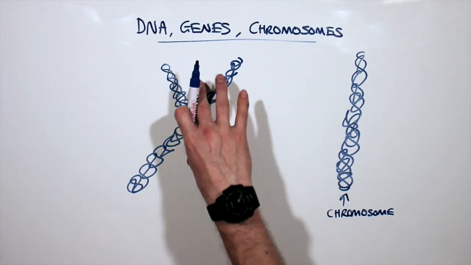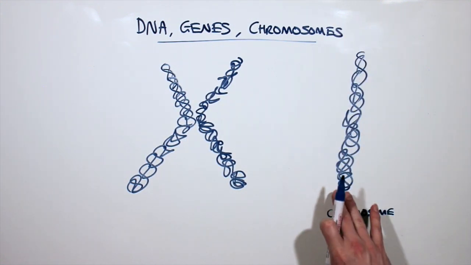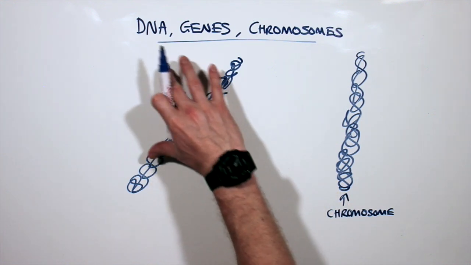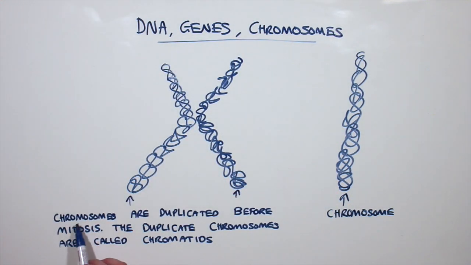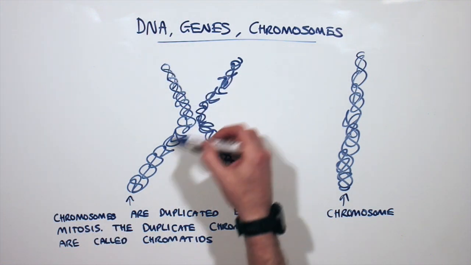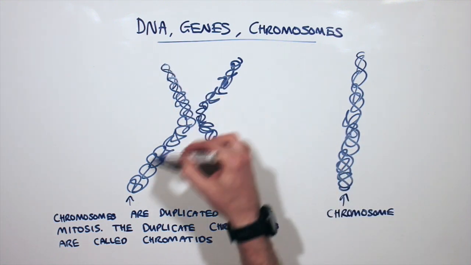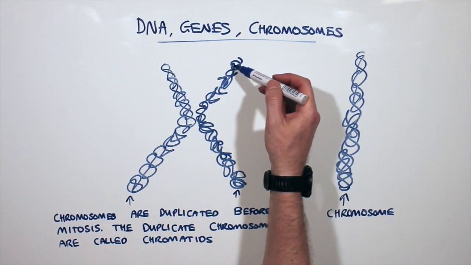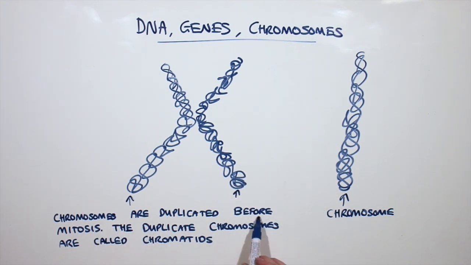Now this is exactly what happens in order to turn a chromosome that looks like a single rod into a chromosome that has two branches. So as we've written here, chromosomes are duplicated before mitosis. This one strand, let's say this was the original chromosome, this one here, would have then been duplicated to create the second strand. Chromosomes are duplicated before mitosis, which we're going to learn about next.